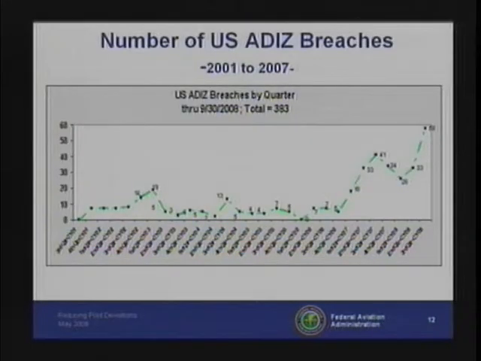This is the number of US ADIZ breaches and shows an increase in the number of breaches, especially over the last year. I spoke to the issuing office for this data and asked them the question, and their response was that there was an increase in the number of surveillances offshore.